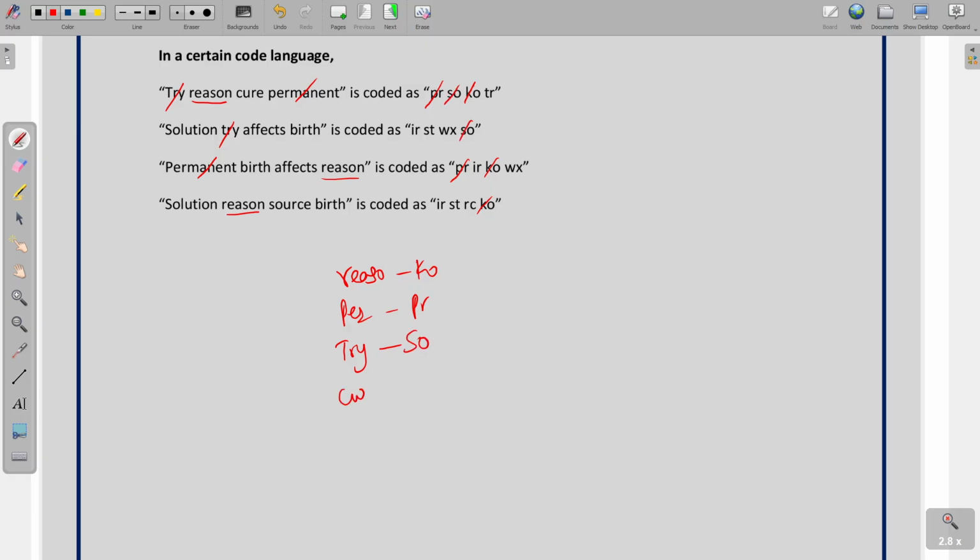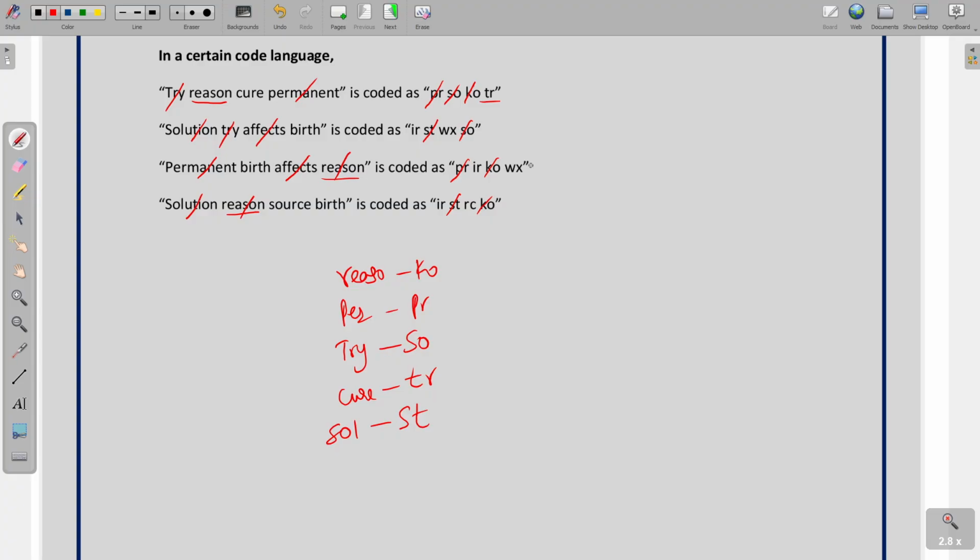The remaining word cure is coded as TR. And next, solution and solution. Solution is coded as ST. And next, affect in the first, third and second sentences.